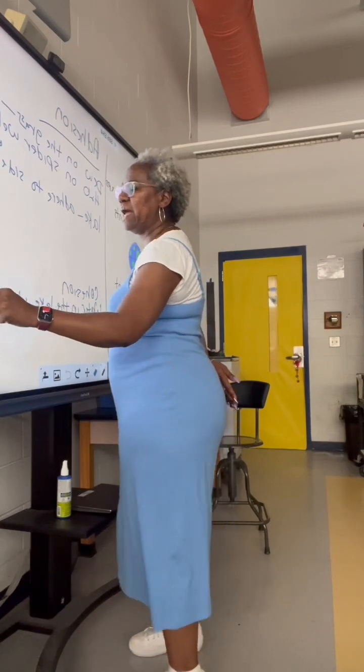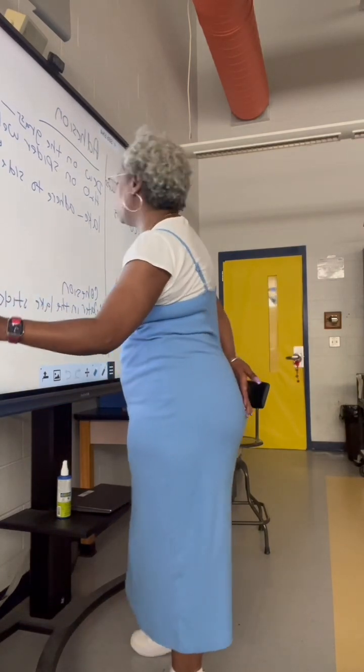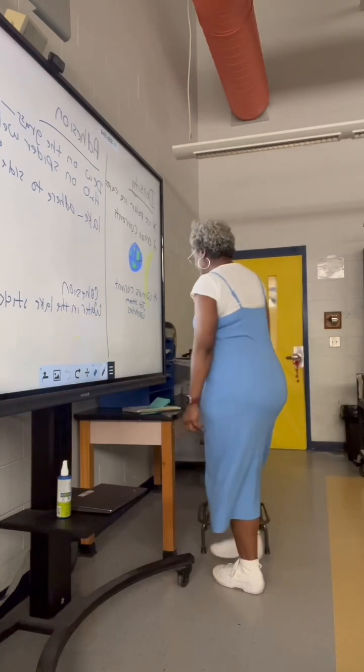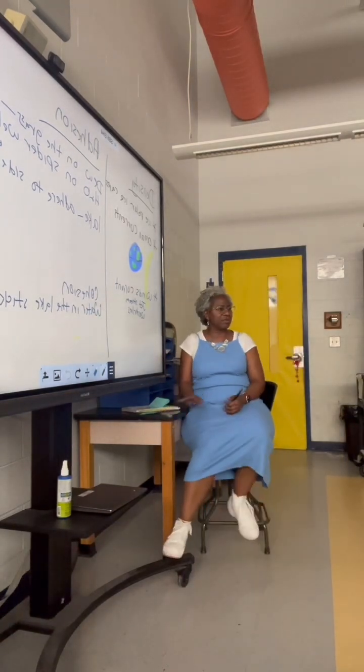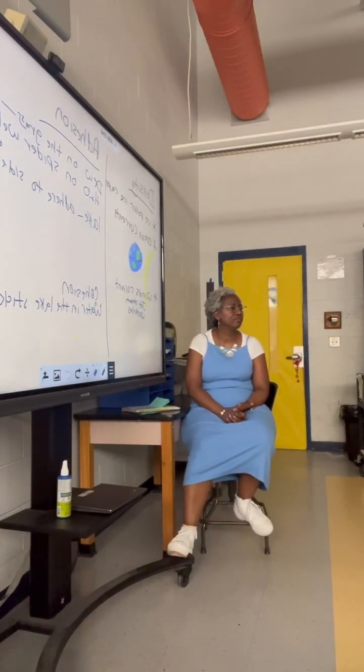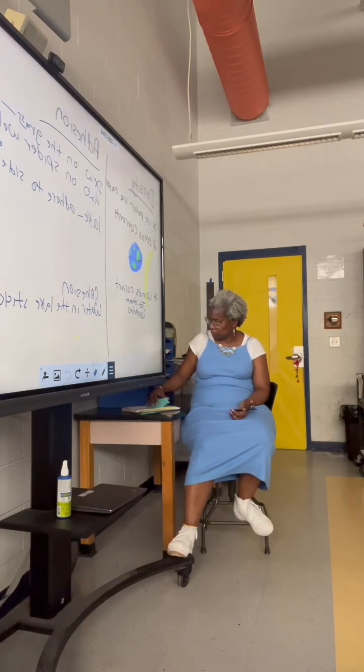So if there is no adhesion force holding the water together in a lake, what do you think would happen to the water? Spill out? Just flow everywhere, right? Could flow everywhere.